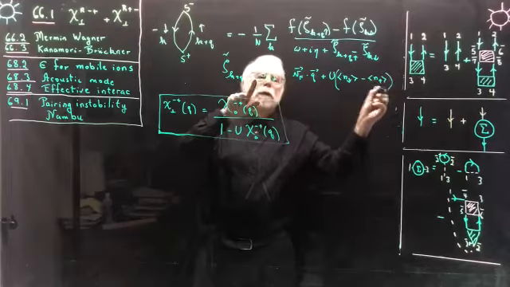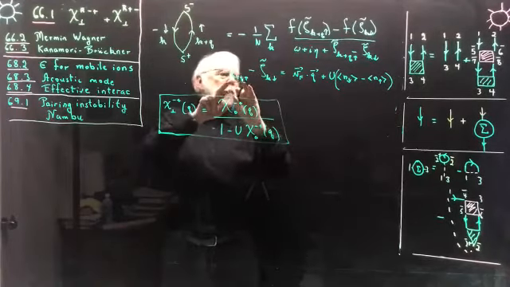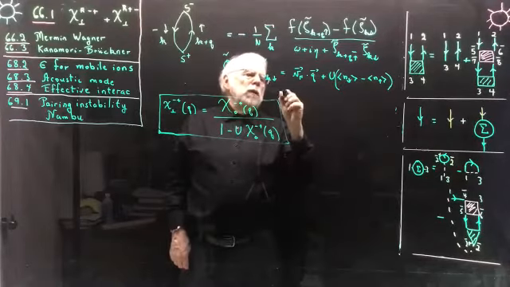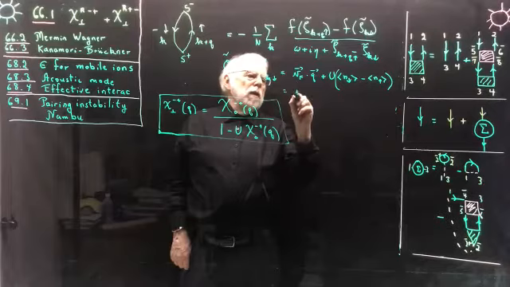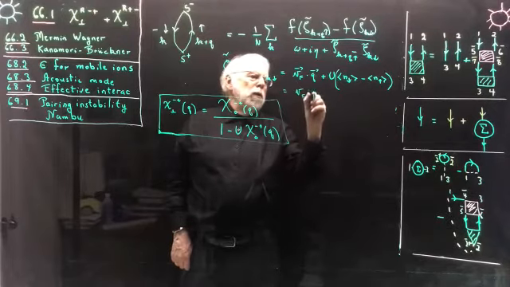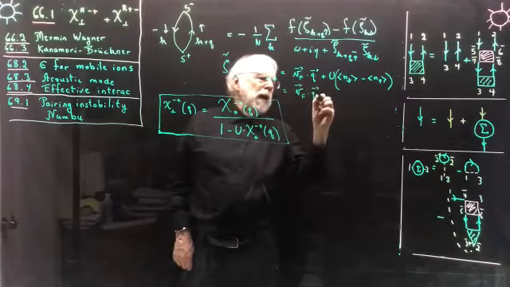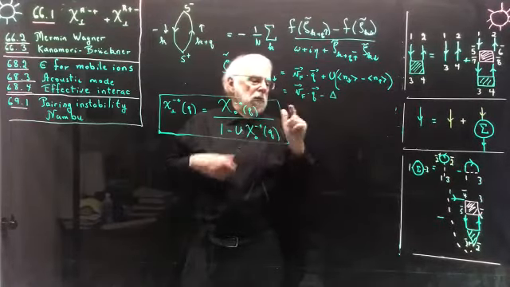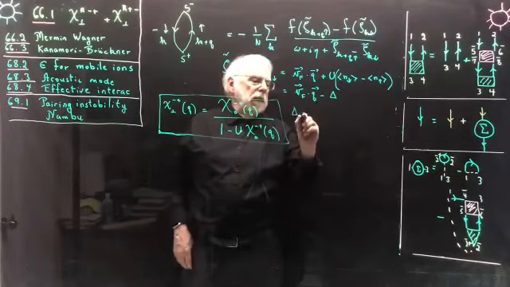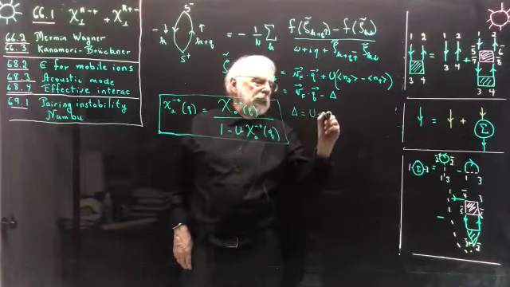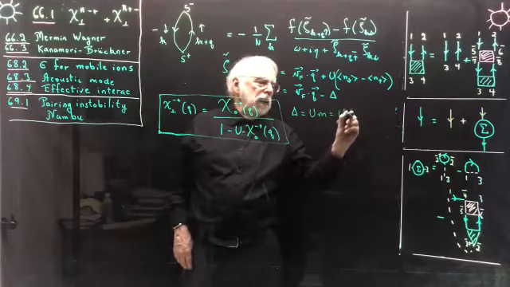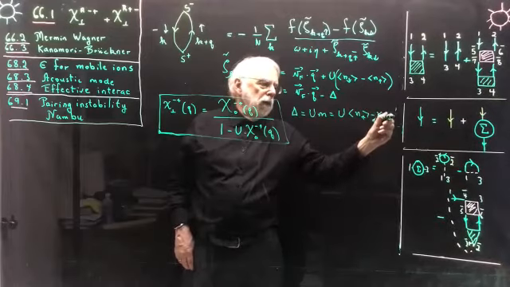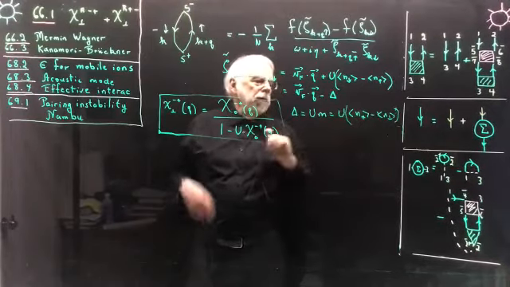Okay, because you remember that for the up spin, the Hartree term is U n down, and then this is U n up. So I have v_F dot Q minus delta, where I've defined now delta is equal to U times m. In other words, it's equal to U times n up minus n down. Okay.